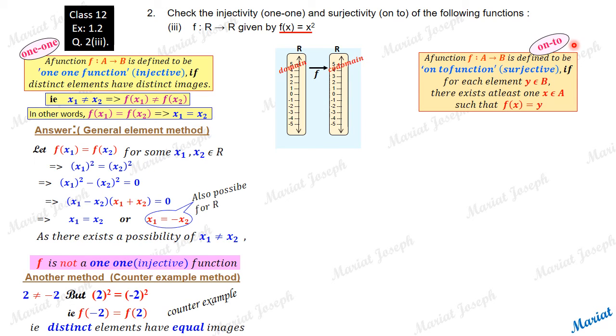Now, let us check whether the same function is an onto function. What is an onto function? A function f defined from A to B is called an onto function or surjective function if for each element y that is taken in B, the codomain, there should exist at least one x in the set A, that is the domain, such that the image of that x is y itself, or f of x is y itself.